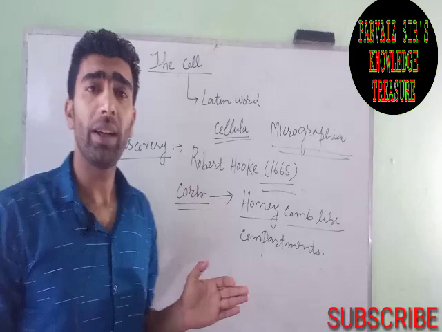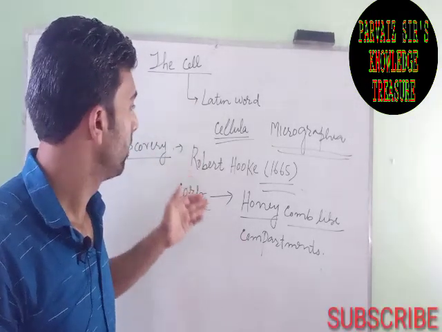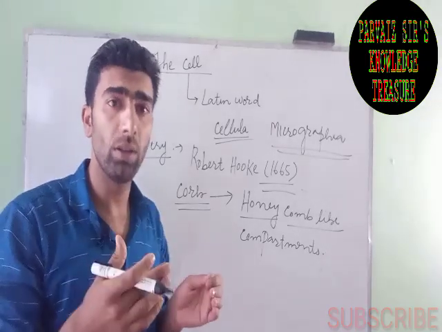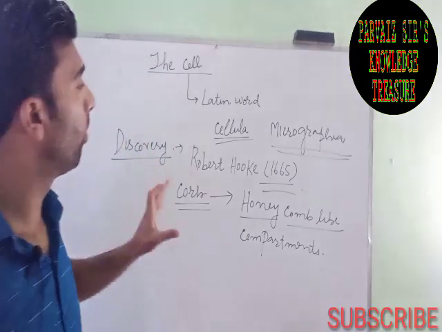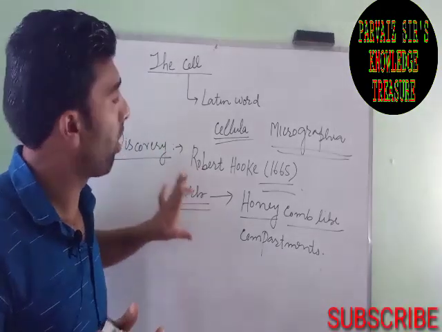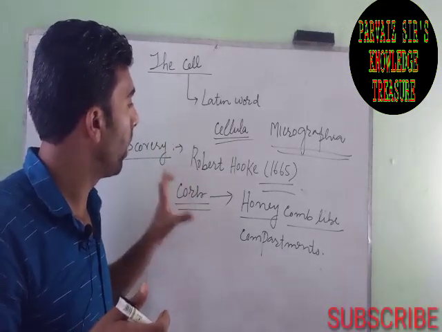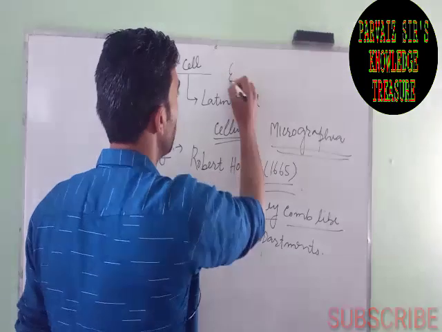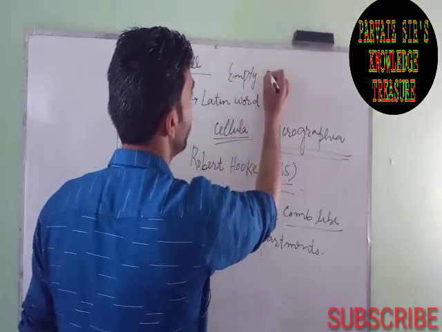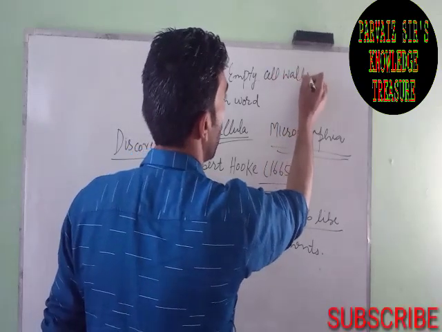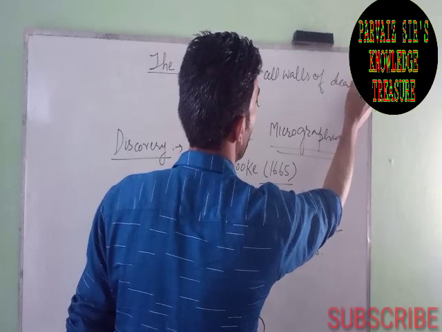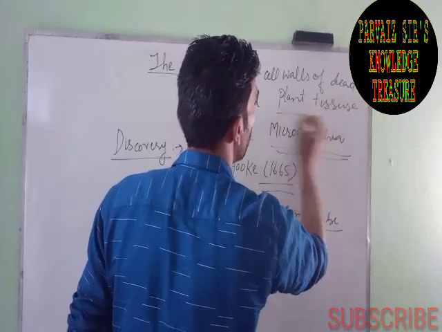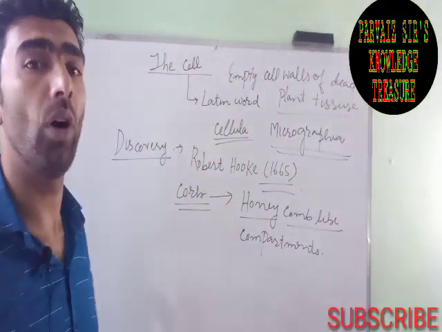With the advancement in the field of microscopy, when more and more advanced microscopes were invented, it was found that what Robert Hooke actually saw were not live cells, but empty cell walls of dead plant tissue. So we can say that Robert Hooke actually discovered cell walls and not cells.